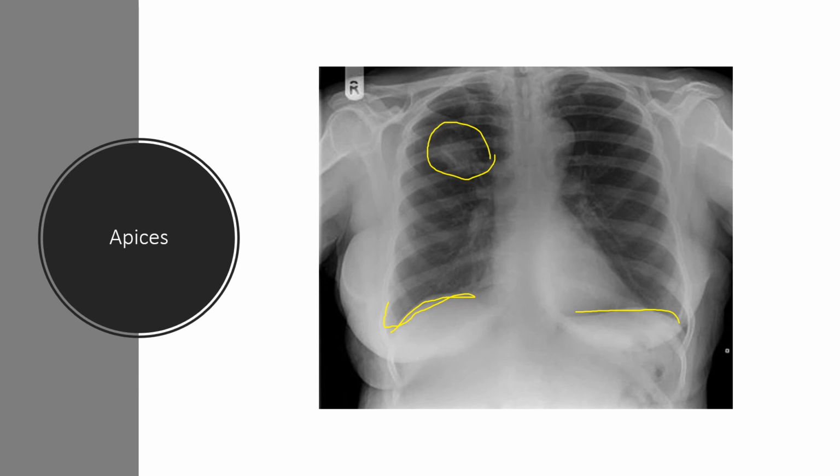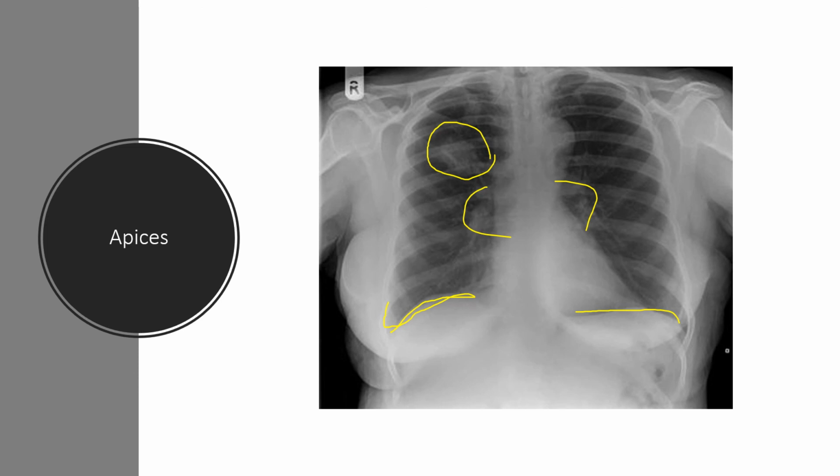If they do have it, that's not a good sign. G, gastric bubbles. H is for the hilar infiltrates. This person does have hilar infiltrates, and we'll go over that. And I is interstitium. They don't seem to have much ground glass. They have more of a viral thing going on here too. And then J, well, I only do A through I, so we'll go through just the A through I today.